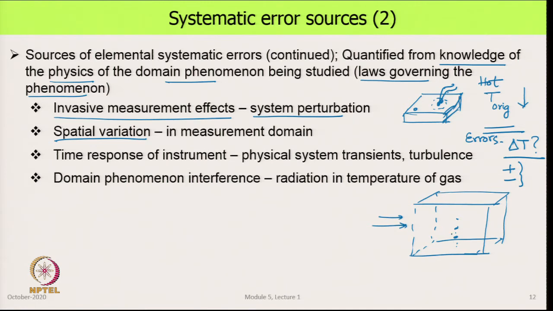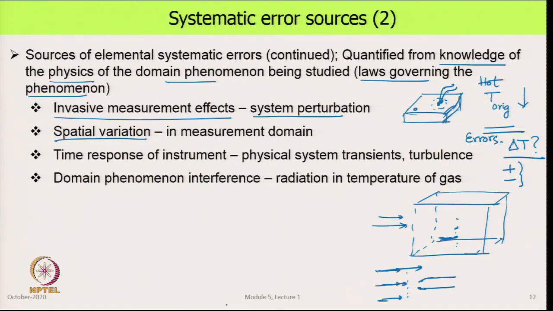So, if you take a measurement over here by putting an instrument, say a pitot probe that you have put, the air coming on it, instead of being exactly uniform everywhere, here the velocity could be less, here it is slightly more, here it could be even more. So, what this sensor will pick up is some sort of a mixed average of these velocities.